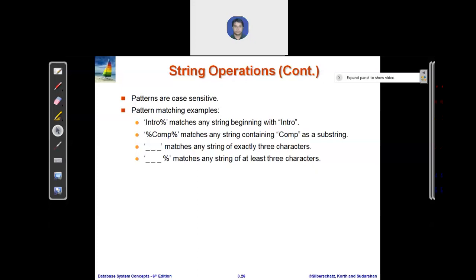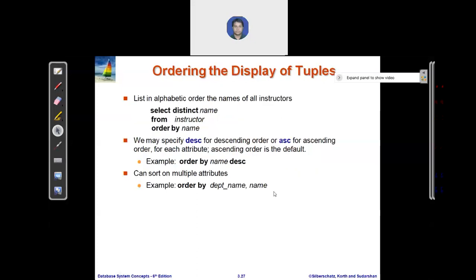Okay, so the next is ordering. The display of tuples means the table we are retrieving as a resultant table, in which order you want to see the result. The ordering clause is order by followed by the name of a column, the column on which you want to apply the order. List in alphabetic order the names of all the instructors.